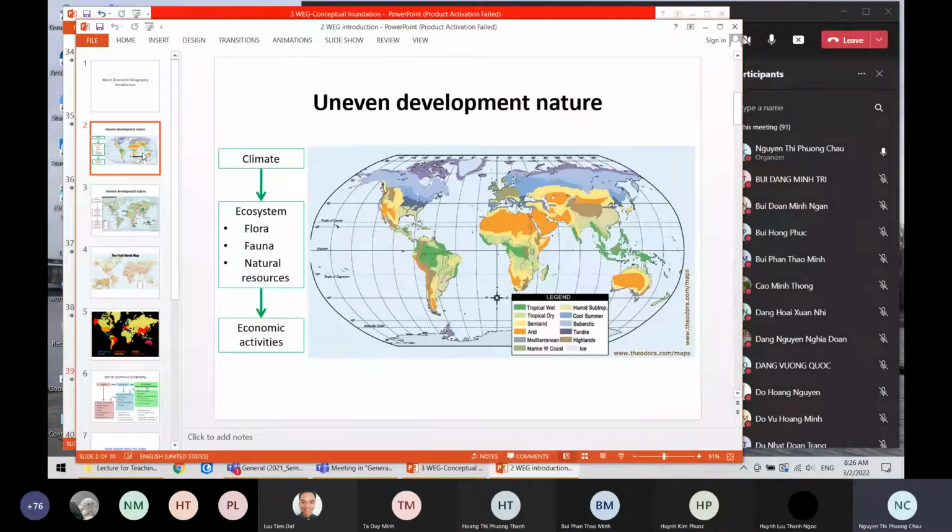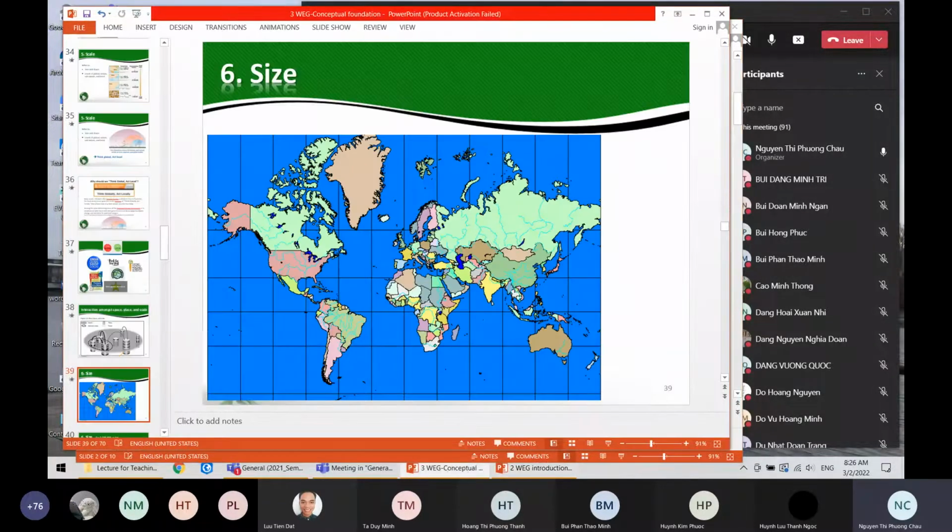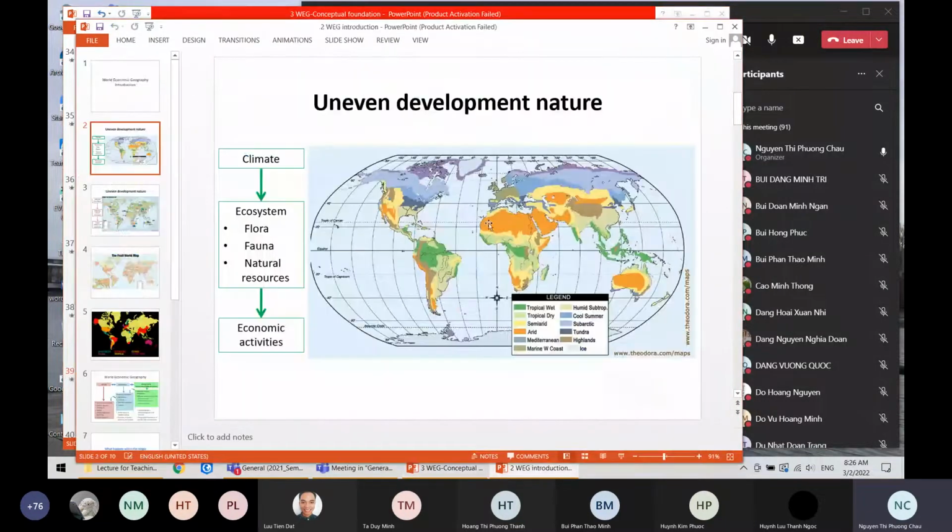This is the uneven development of nature. We will discuss it a bit later, but I would like to say a little about it. For example, Russia. We have Russia on this map, which shows the global climate.